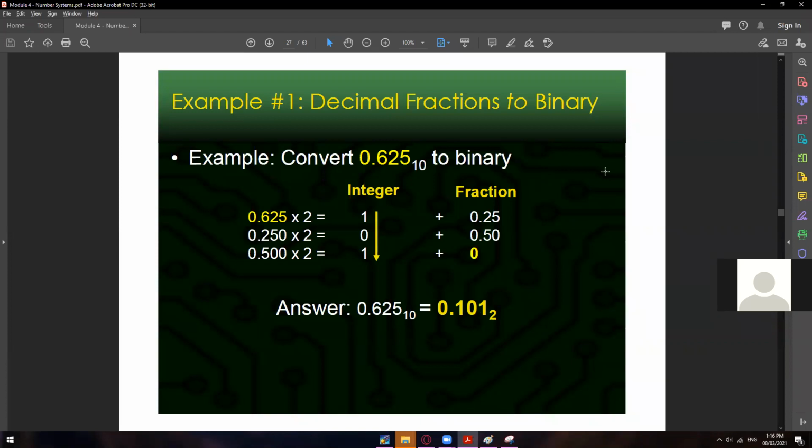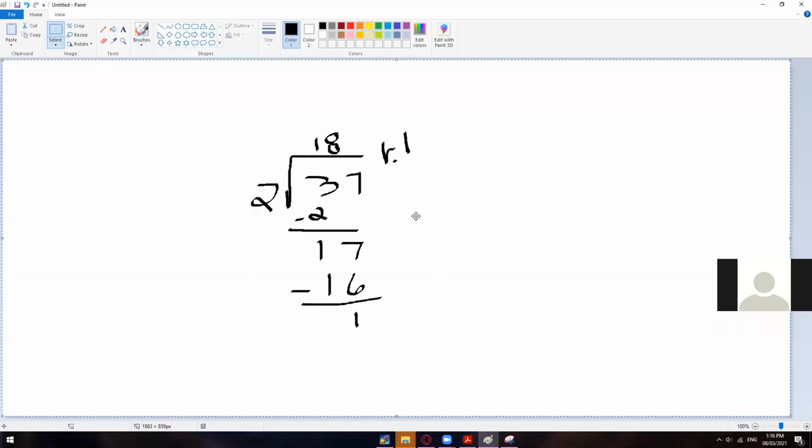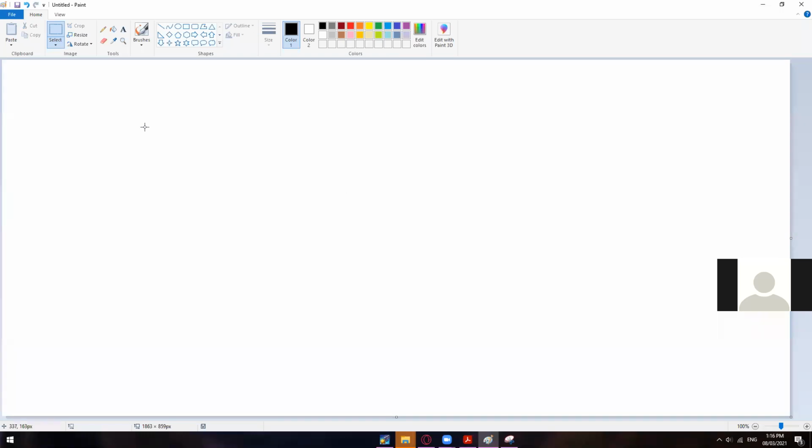Very good. So let's have one more example where I will be the one to give a number. So let's say we have here 0.835 base 10, and I would like to convert this one into binary.